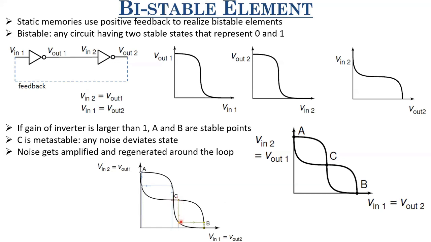So if V in 1 is now more than VDD by 2, if it is shifted here, then corresponding to this voltage, what is the V out 1? This is the V out 1, right? This is the value of V out 1 because we'll look at the intersection on this axis. For this value of input, because of noise, what is the value of V out 1?